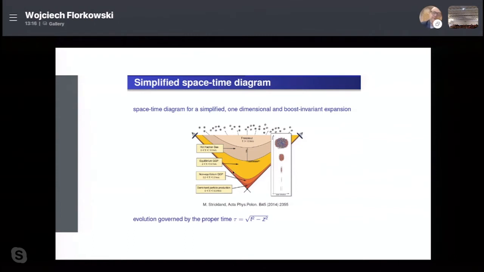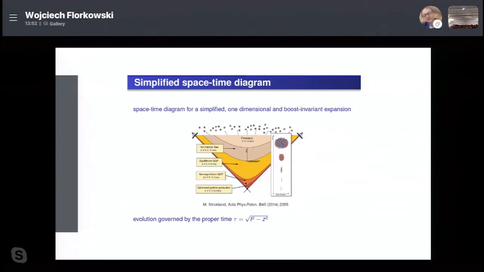And then we have production of particles, and at a very short time, it makes sense to talk about production of hard particles, because due to the uncertainty relation, we can think that such particles, which have very large momentum, are produced at short times. Later, there is already a system of quarks and gluons produced, which is out of local equilibrium.